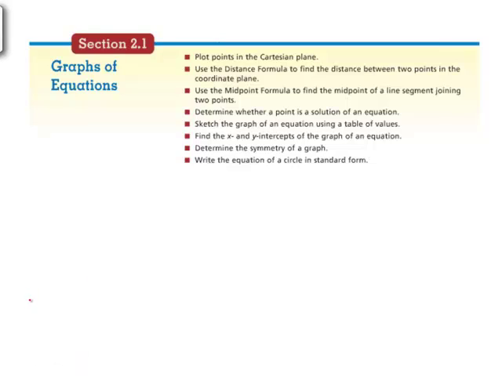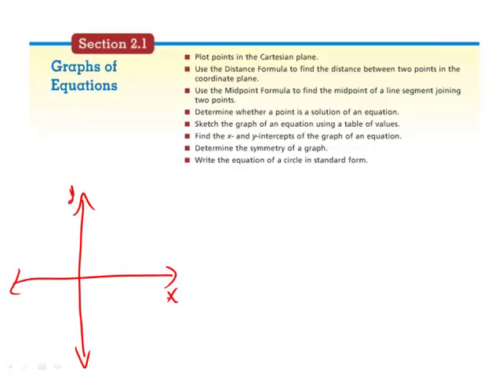Is this thing gonna work? Nice. All right. So then we got the Cartesian plane. We have the y-axis, the x-axis. The points that we have are labeled with an ordered pair, where the x-coordinate is first, and then there's the y.